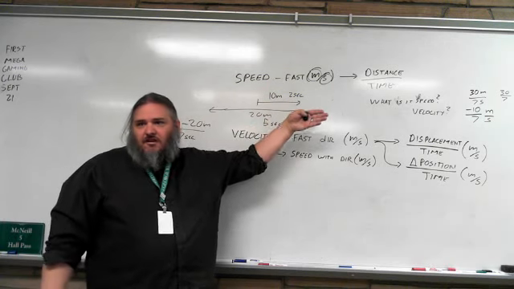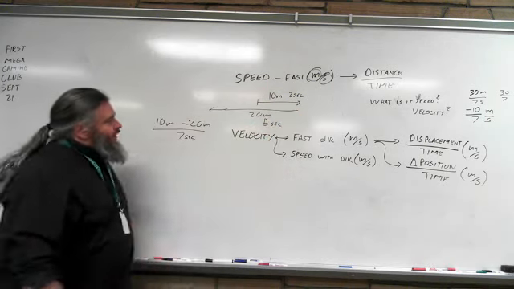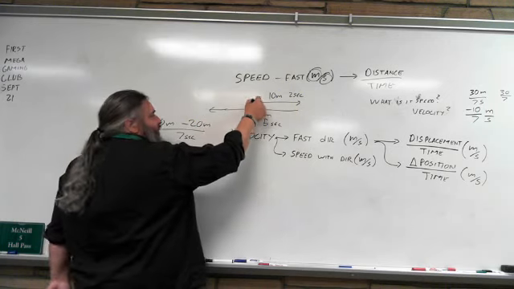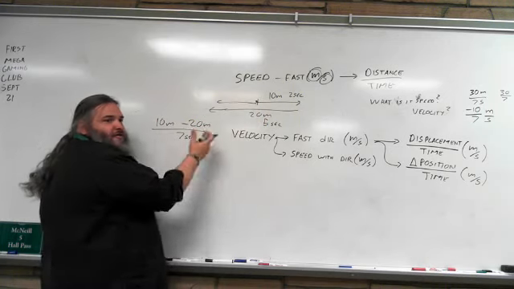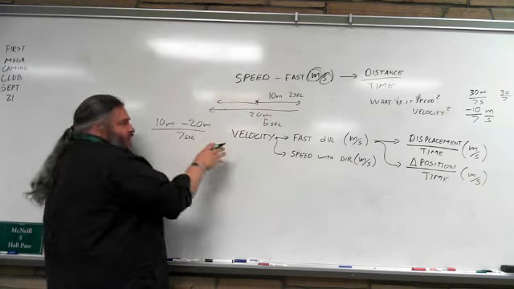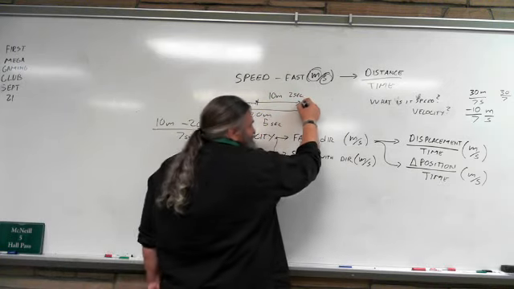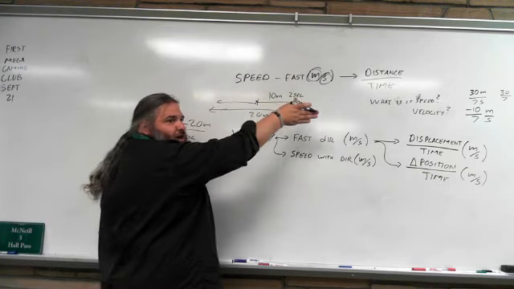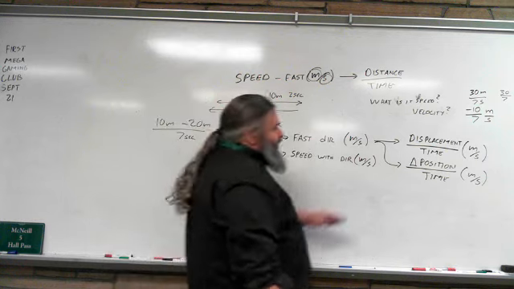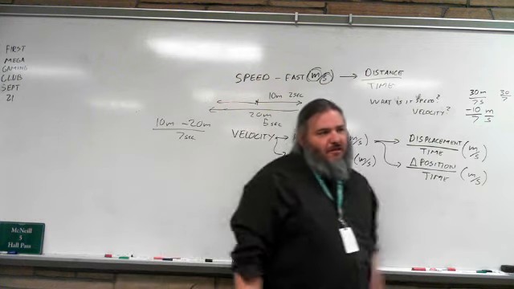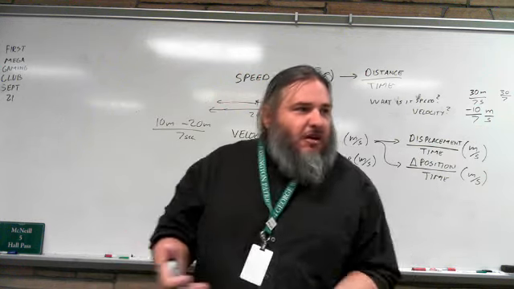For the second one, the net motion is this way. It started here, ended up here, so it looks like it's traveling this way. So its velocity for the second motion is negative 10 divided by 7 meters per second.